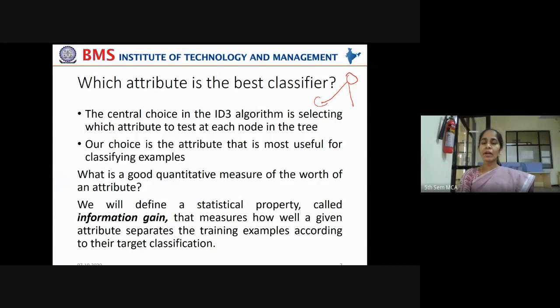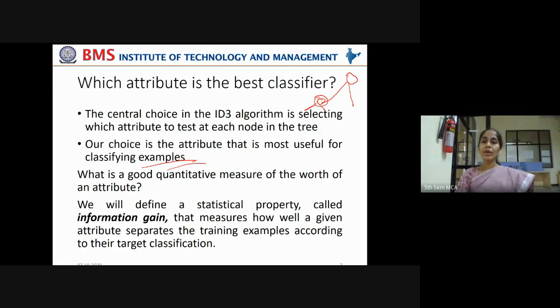Then you go for the next level: which is the best attribute at this stage in order to classify, to reduce the impurity in the classification? Okay, this is how the classification process goes iteratively in order to build the decision tree. Now, our choice is the attribute that is most useful for classifying the examples, that is very efficient in classifying the examples, that better classifies the training examples, right?